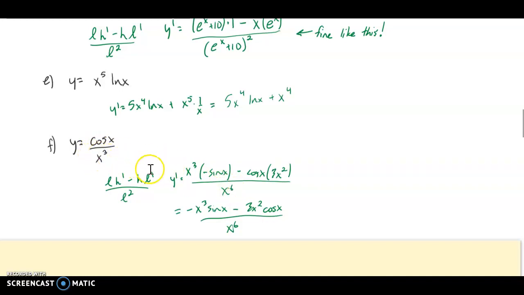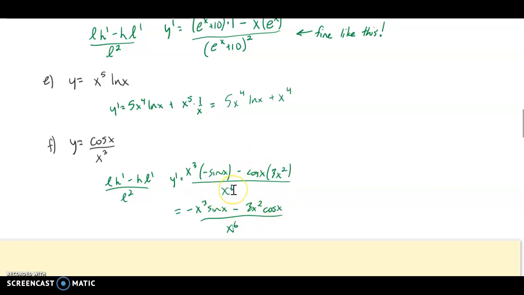Low is x cubed, d high is negative sine x, minus high, cosine, times d low, 3x squared. So I probably wouldn't take off points if you just left it like this. It's fine. But I don't like all these negatives in the parentheses and this guy after the cosine. So I put the negative out front and I moved the 3x squared out front, so I wasn't confused about what was inside the cosine and not.